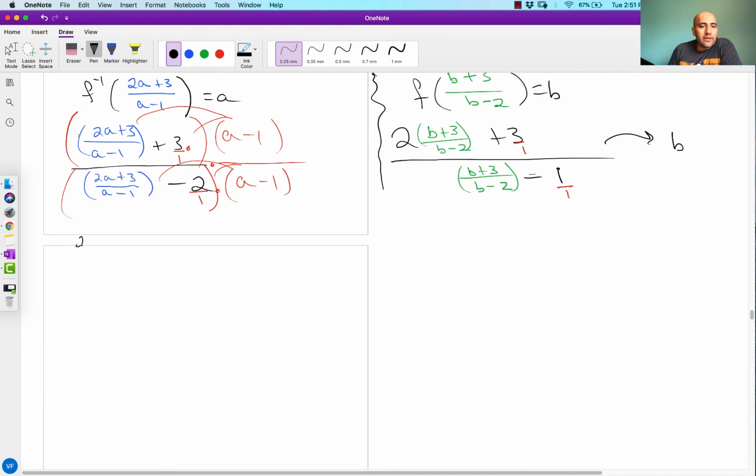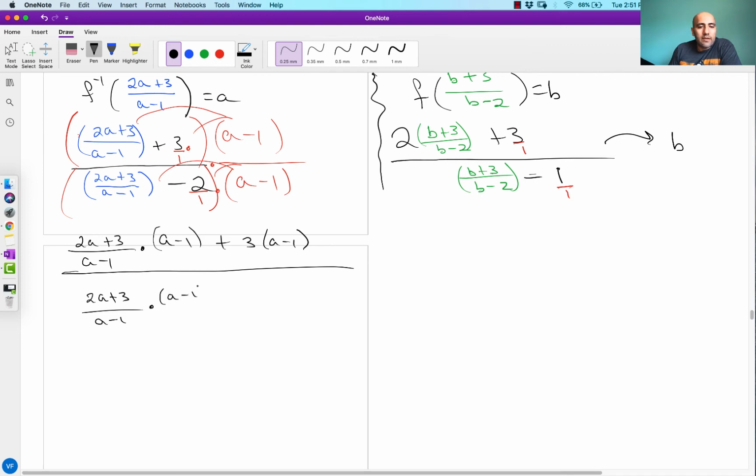I end up with this times a minus 1 plus 3 times a minus 1 in the numerator. And in the denominator, I end up with 2a plus 3 over a minus 1 times a minus 1, minus 2 times a minus 1. I'm allowed to do this because a minus 1 divided by a minus 1 is just another version of 1. So that's allowed.